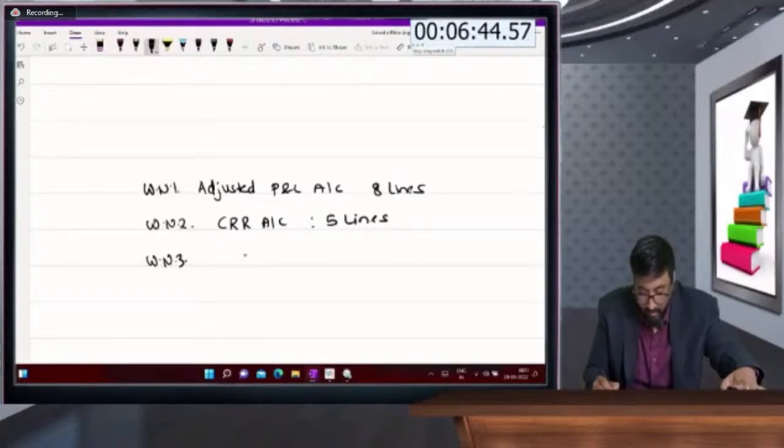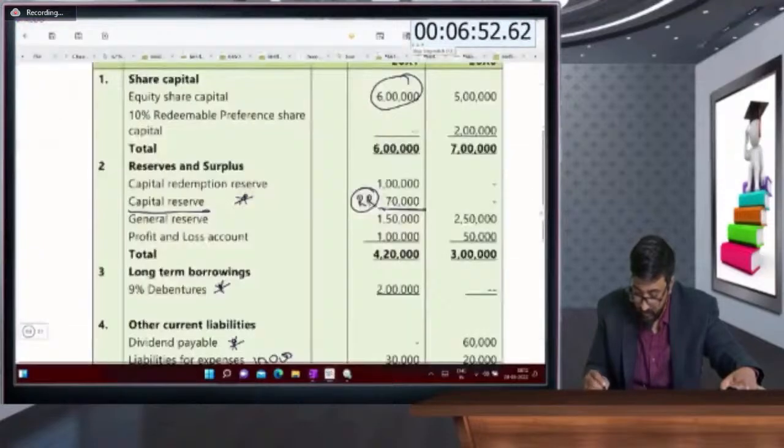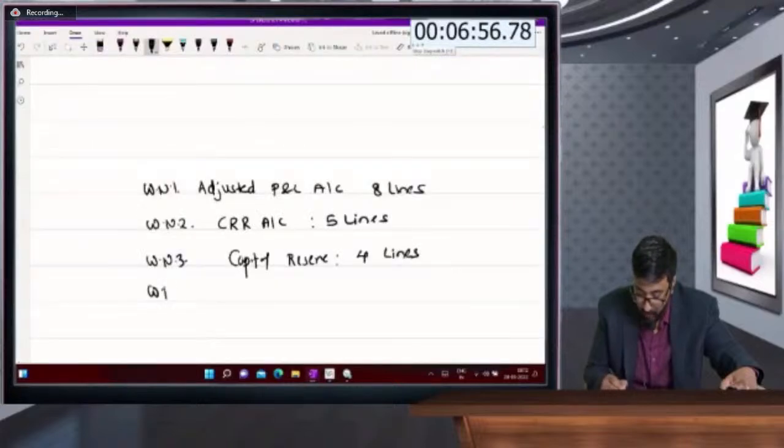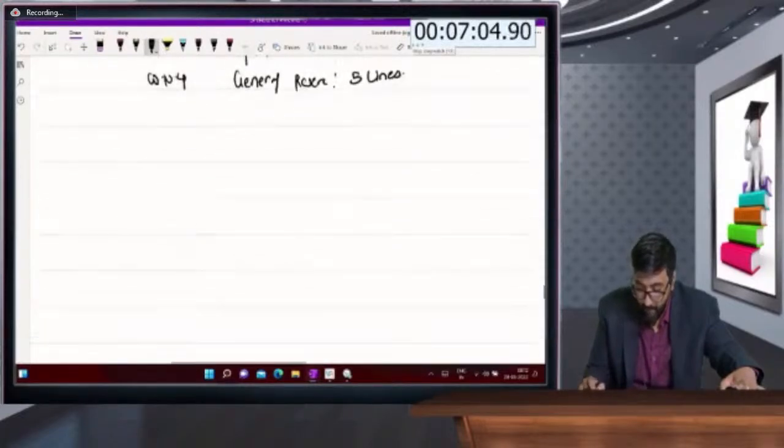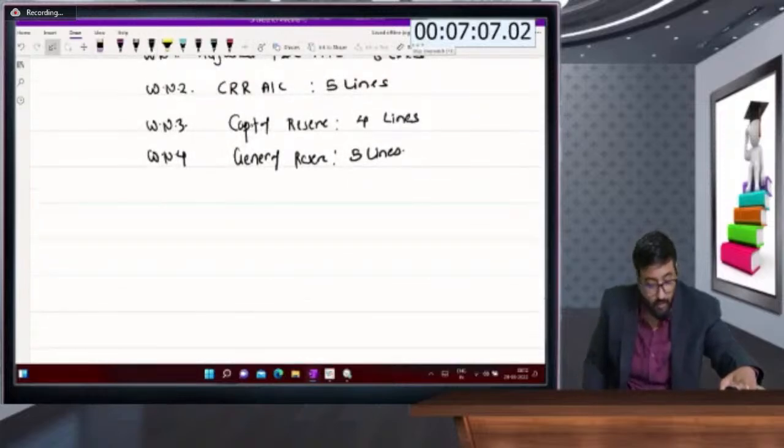Capital reserve account, 4 lines. We'll open general reserve also in this question. Actually, no need, but if you open it, it is helpful. 5 lines. General reserve account, leave 5 lines.